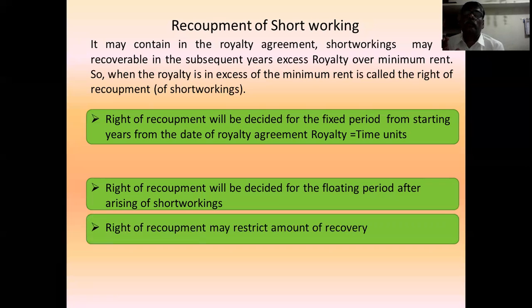You are not permitted to recover all the short working, but only up to a certain fixed amount every year. That is called the right of recoupment restricting the amount of recovery. I will explain these 3 points with one example, then it will be clear to you.